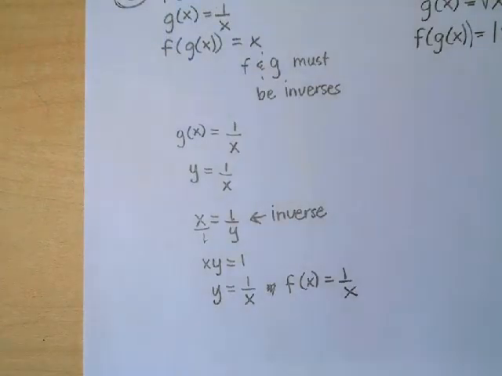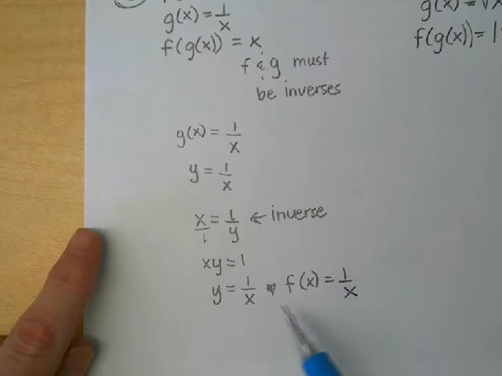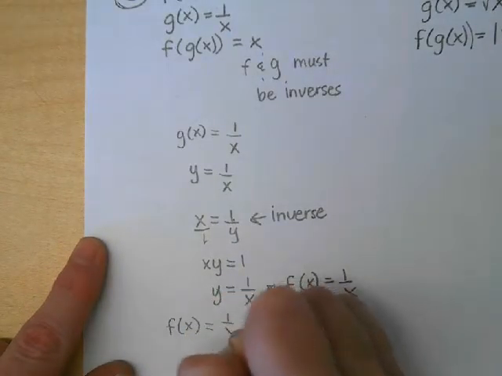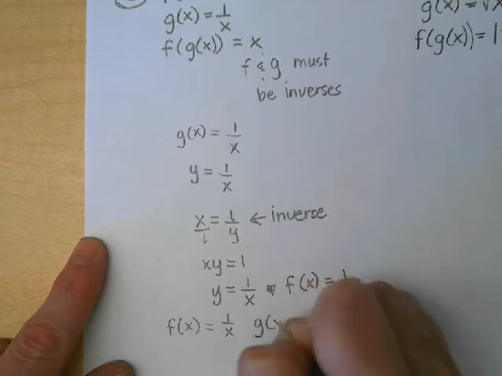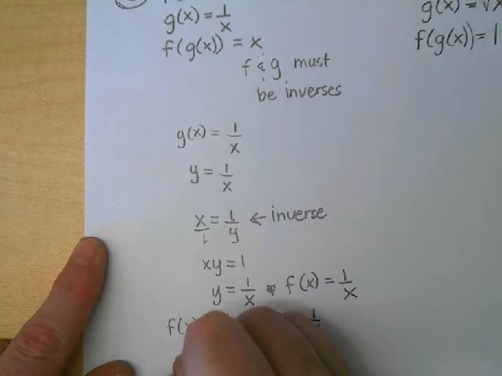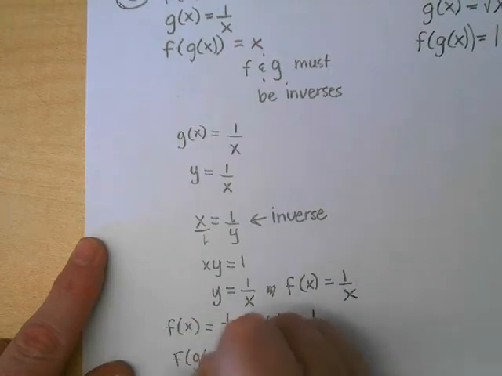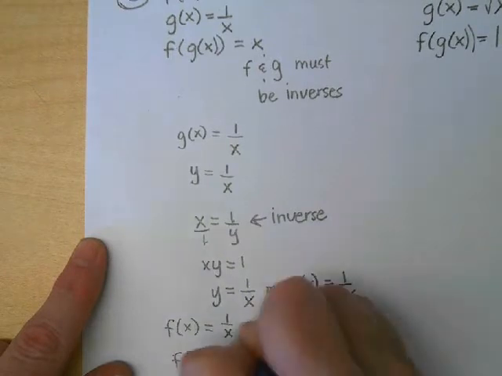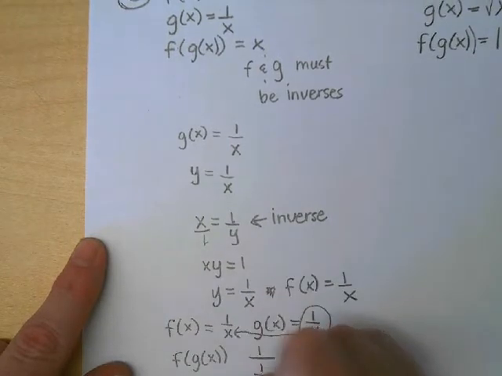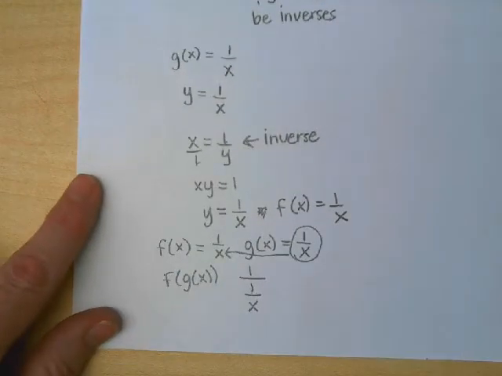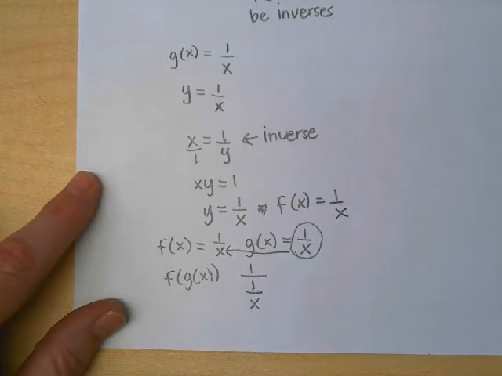Now, it seems kind of sketchy. Let's try it. If f of x is 1 over x and g of x is 1 over x, let's do f of g of x. So that's 1 over, and plug that right in there, 1 over x. Now you might be going, ouch, that hurts my brain.